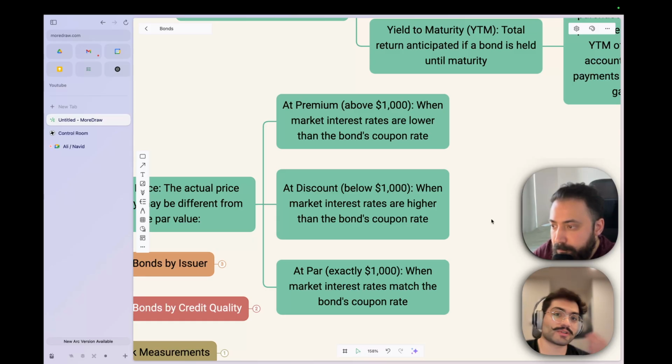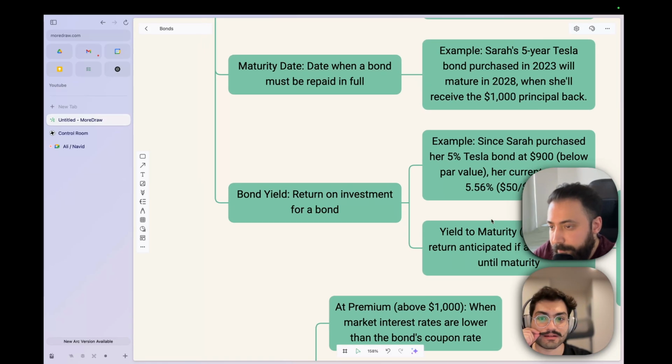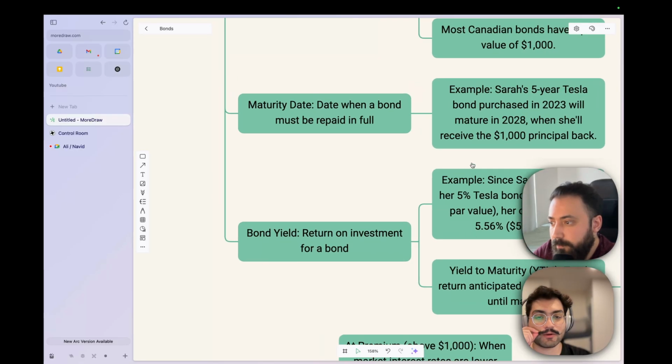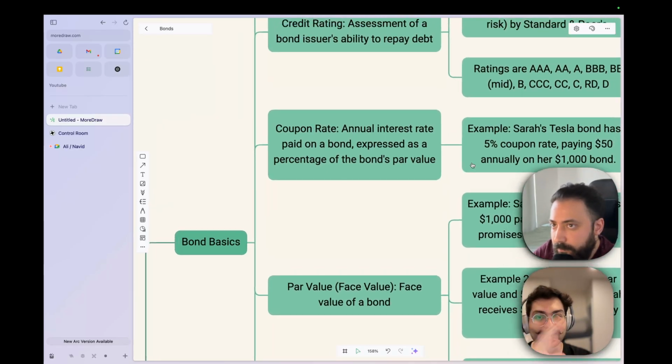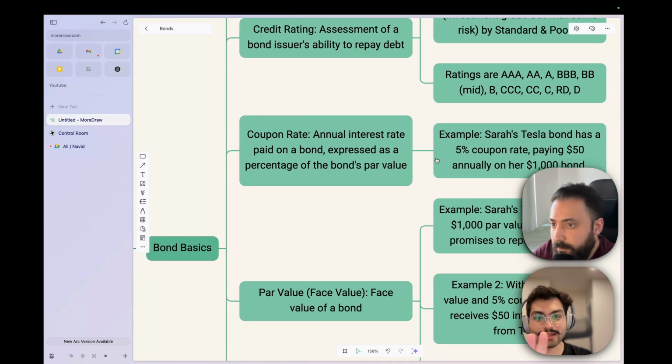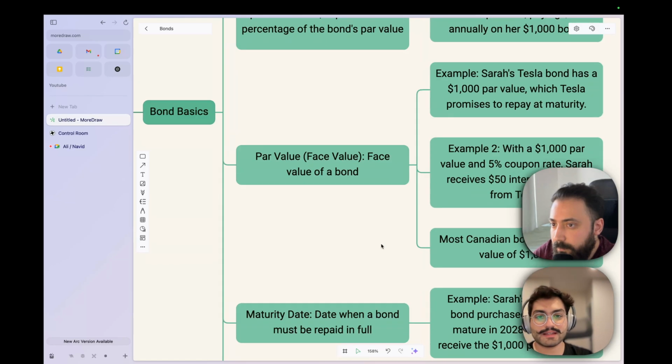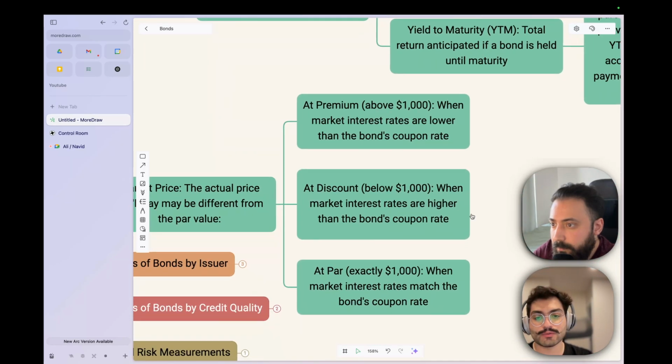But at the maturity date, when it ends, you will receive $1,000, which is more. So in addition to the coupon rate, the interest, you are getting more because you bought the bond at a lower price than par.